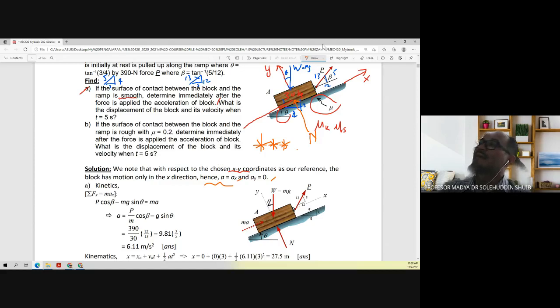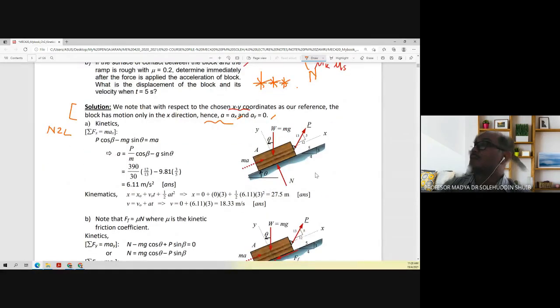This is the important thing. We use Newton's second law here, and we do the summation of force in the x direction equal to m ax, based on this figure.